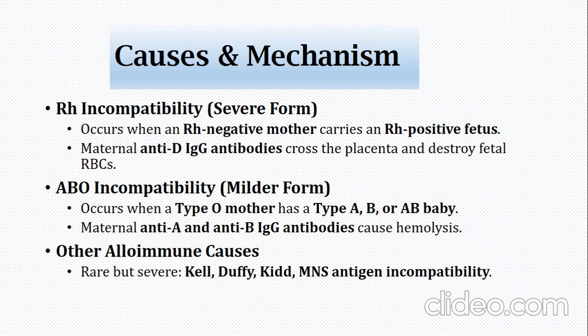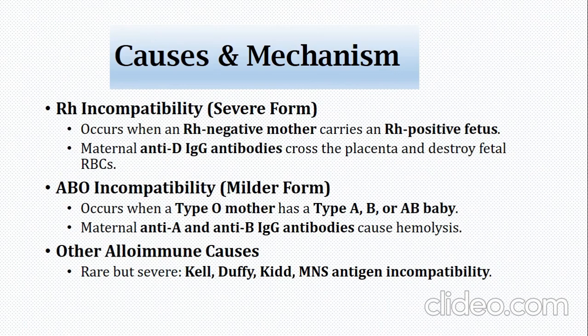On the first point, Rh incompatibility, which is the most common, there is incompatibility between mother and fetus, where the mother may be Rh negative, meaning lacking antigen on their red blood cell, but the fetus is Rh positive, meaning there is presence of antigen in his or her own red blood cell.